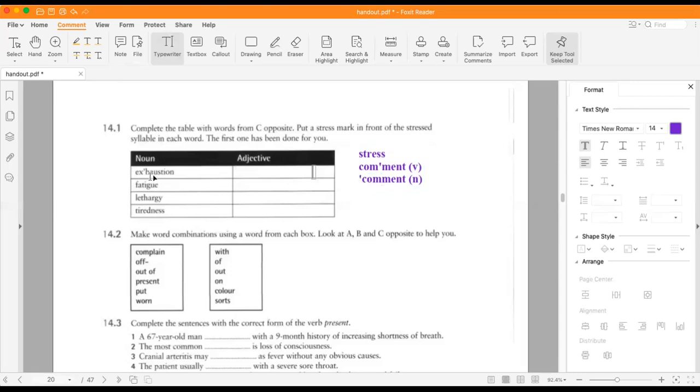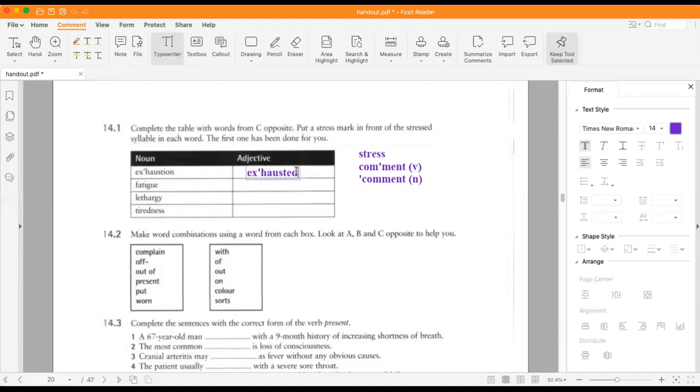So here we will say what is the adjective, and then we will say where is the stress. The first one, exhaustion. The adjective is exhausted. Where is the stress? The stress is here. All right?